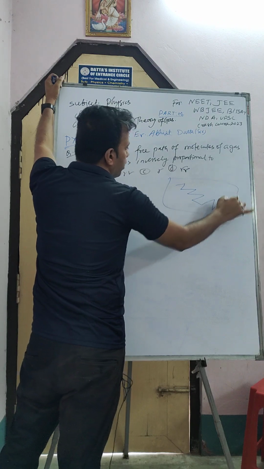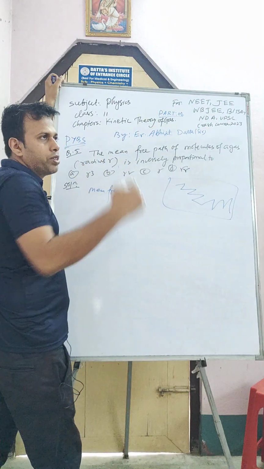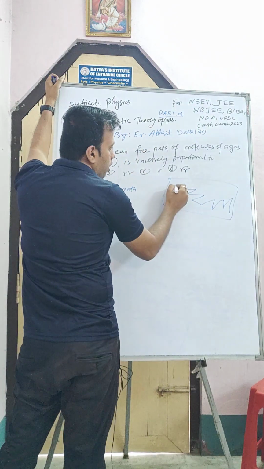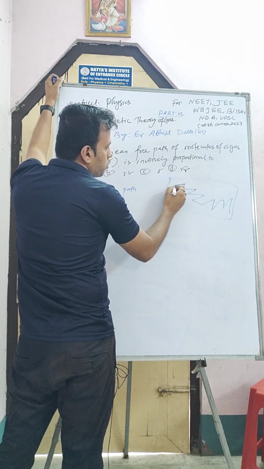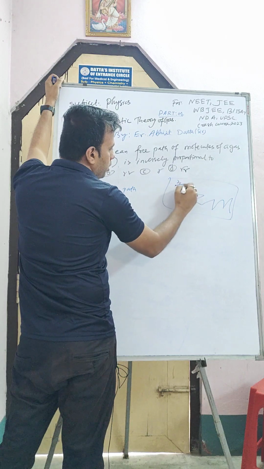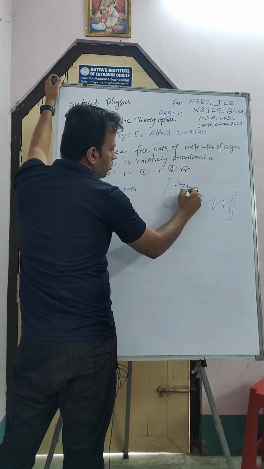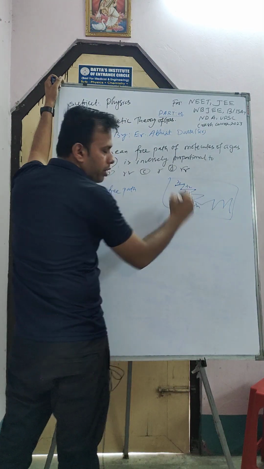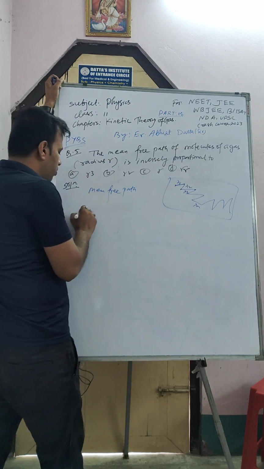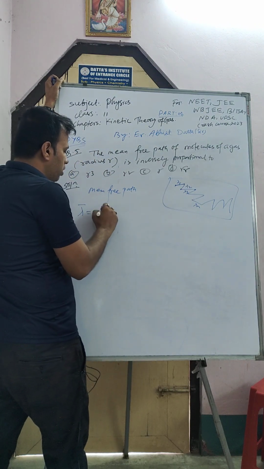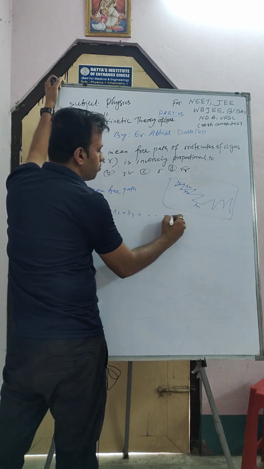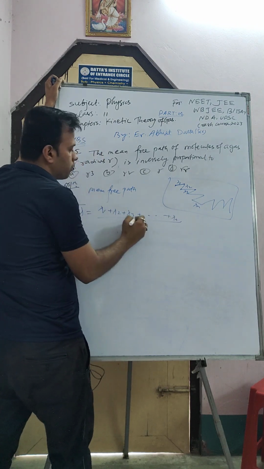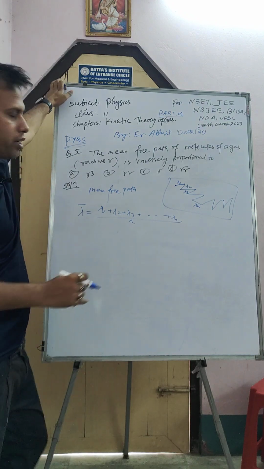we know that the molecules of a gas are moving randomly, and they collide with each other. So the distance traveled between the first and second collision is lambda 1, between the second and third is lambda 2, third and fourth is lambda 3, and so on up to lambda n. So here the mean free path lambda bar equals lambda 1 plus lambda 2 plus lambda 3 plus up to lambda n, divided by n, where n is the number of collisions.